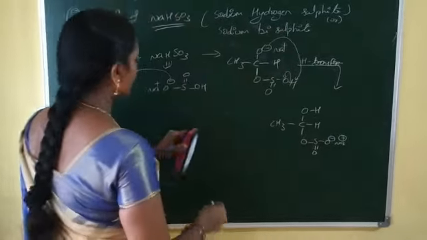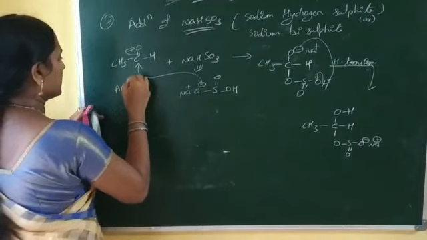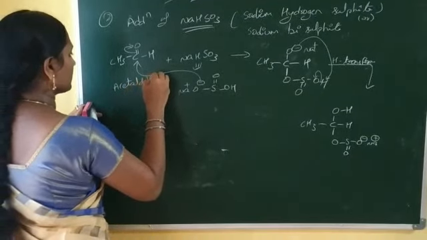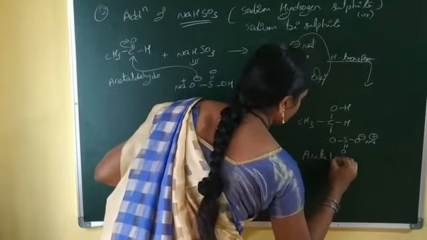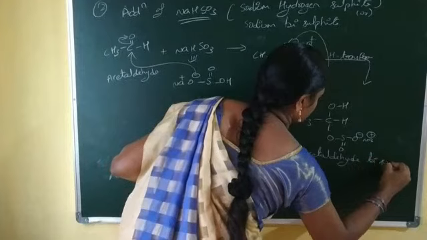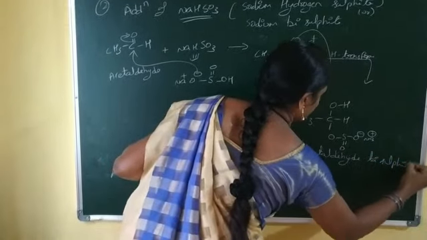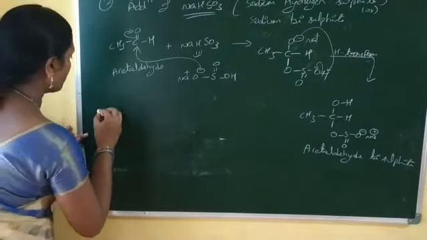Now the product name depends on the reactant. Now your reactant is acetaldehyde, so the product is acetaldehyde bisulfite. Now you take another functional group, ketone.